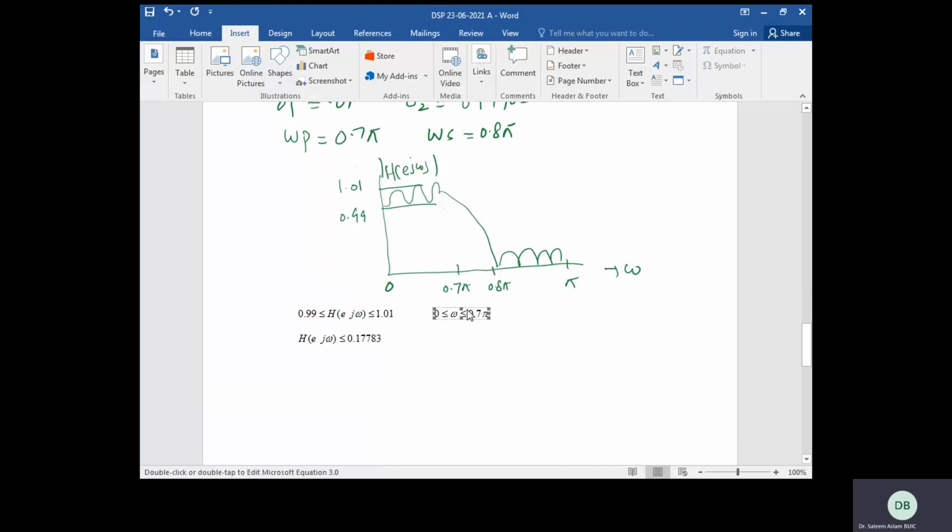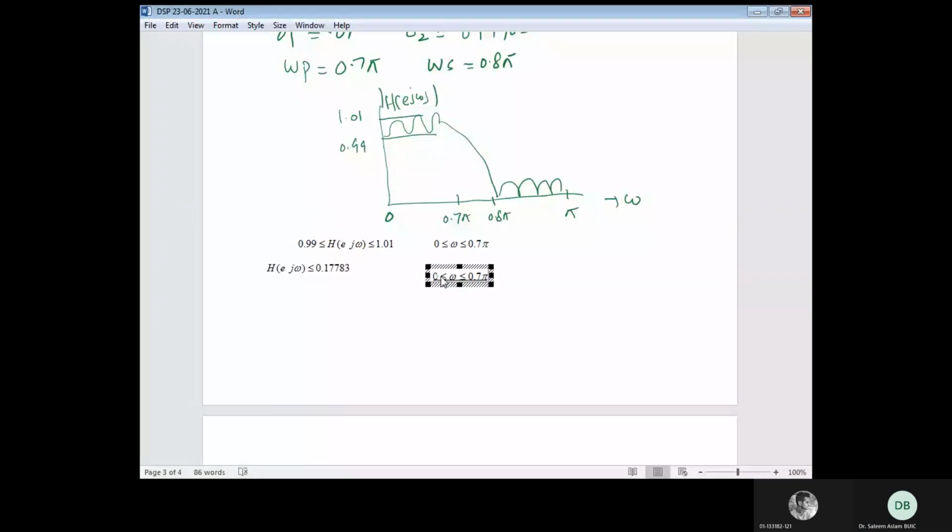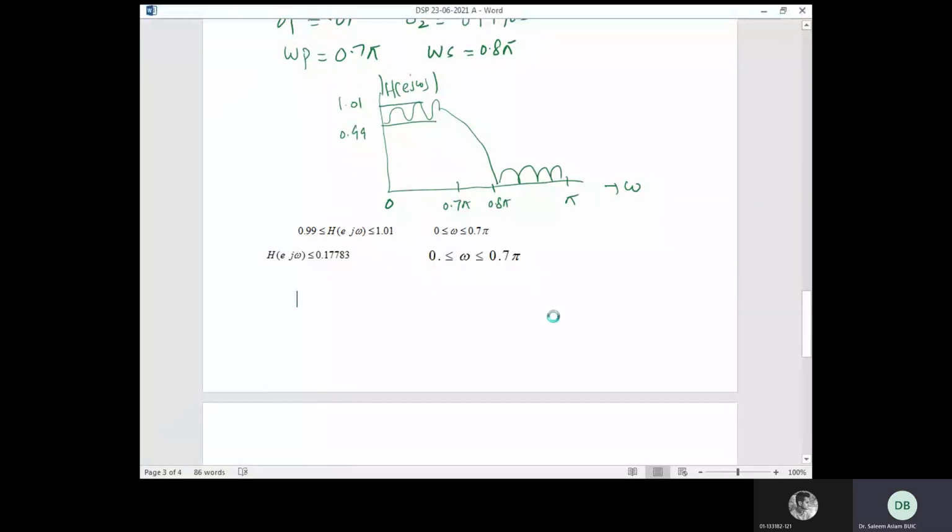Right, so from 0 to 0.75 you have the passband region, and from 0.85 onward it's a stop band region.